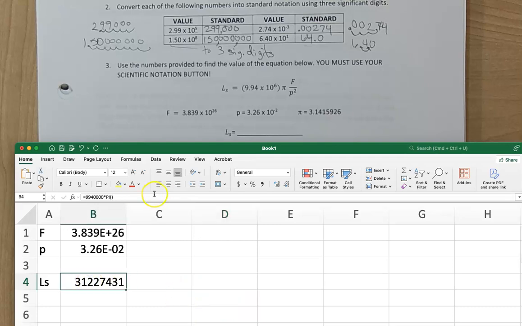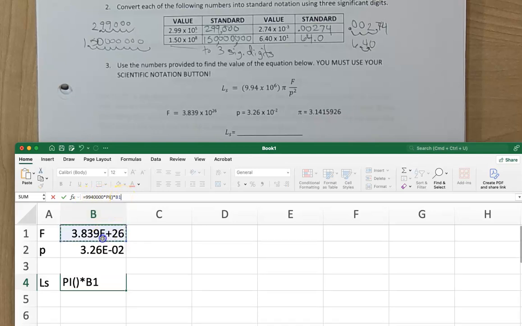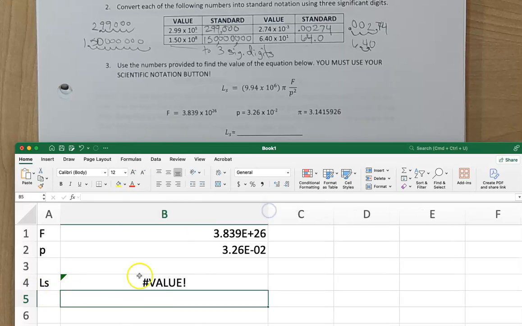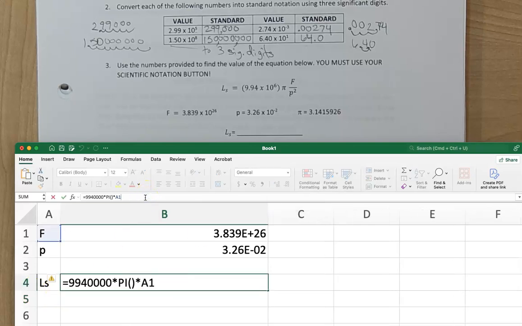So we've got 9.94 times 10 to the 6 times pi times F. It's cutting off the text here, so I'll make this a little bigger so it's easier for you to read. Notice I put in 9.94 times 10 to the 6, and it automatically converted it into standard notation.